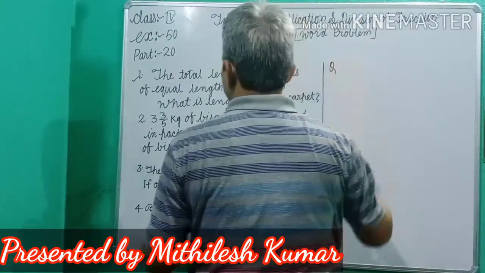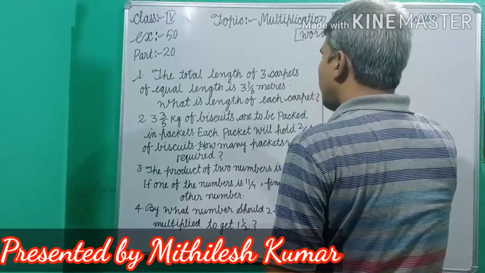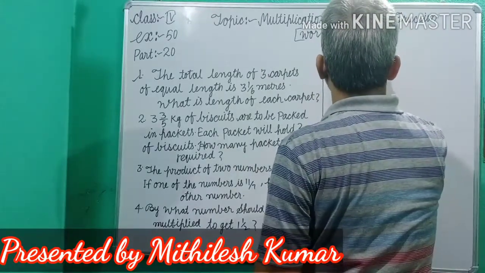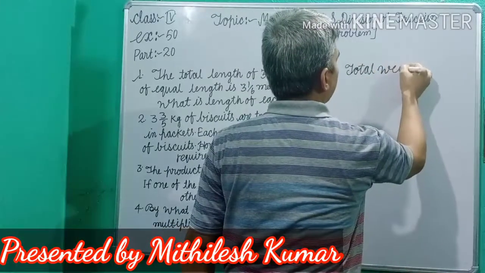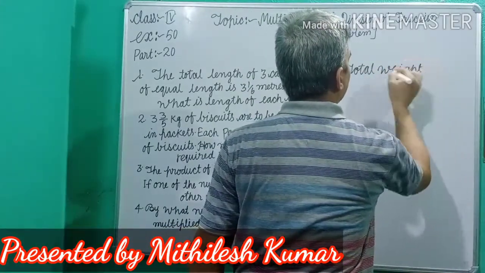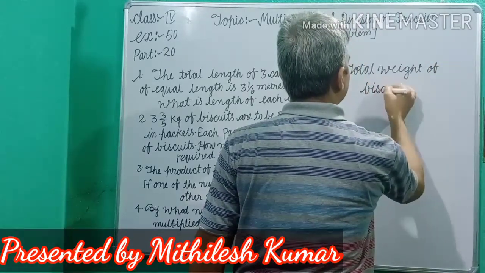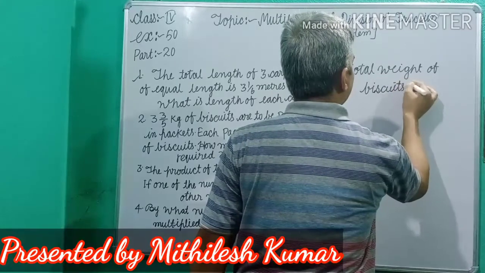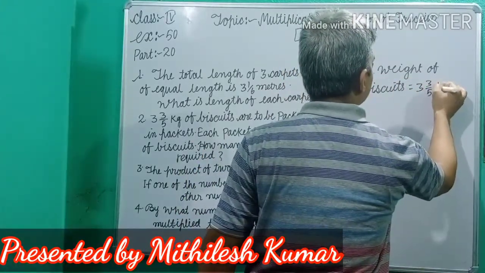Dear students, first of all, total weight of biscuits is equal to 3 and 3/5 kg.